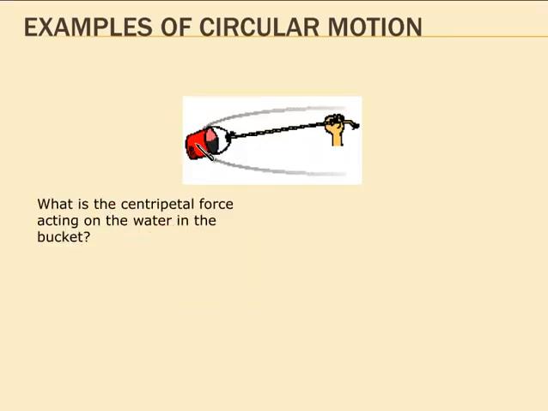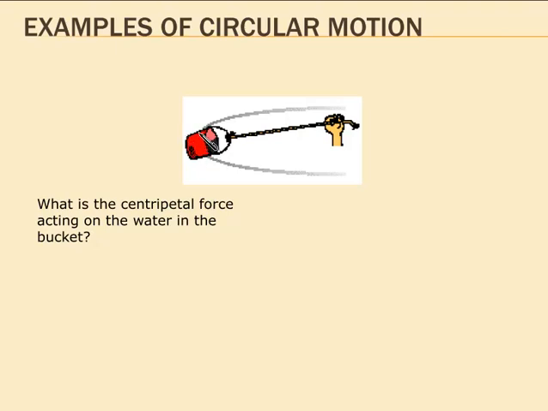Here we have a bucket, and there's some water in here that you can't see, and it's attached to this rope. So the centripetal force that's making this bucket go around is obviously due to the tension in this rope. But what force is responsible for the centripetal acceleration of the water in the bucket? Think about it for a while. Pause and come back. Okay, if you guessed normal reaction, you would be correct.